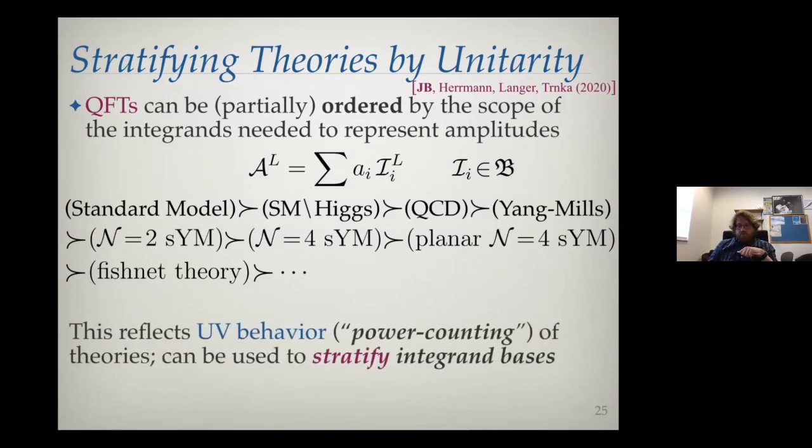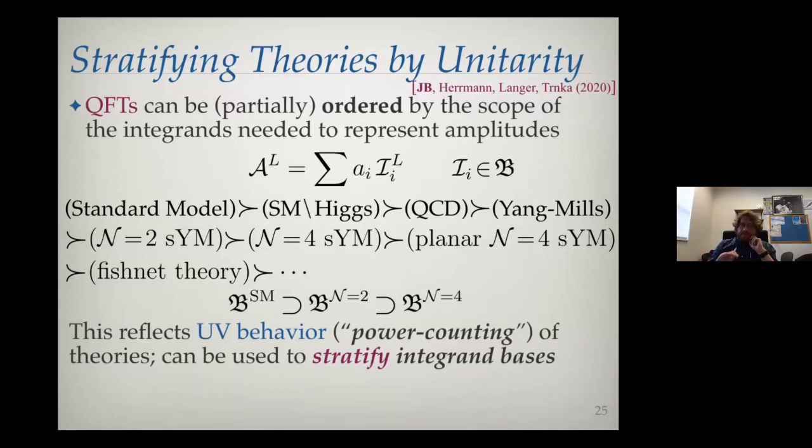And so this kind of set of inclusions reflects the UV behavior, the power counting in quotes, and it's important that they're in quotes because part of the point here is to clarify what someone might mean by power counting.